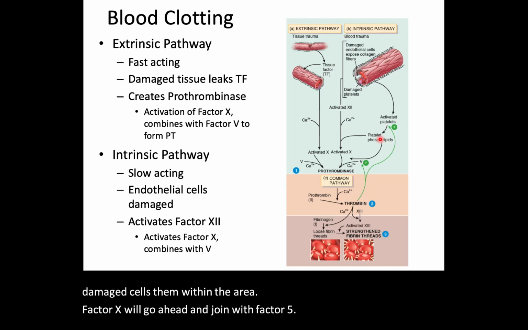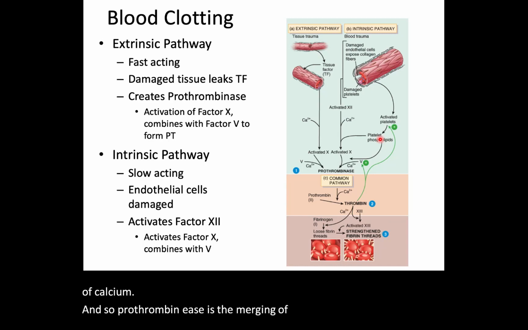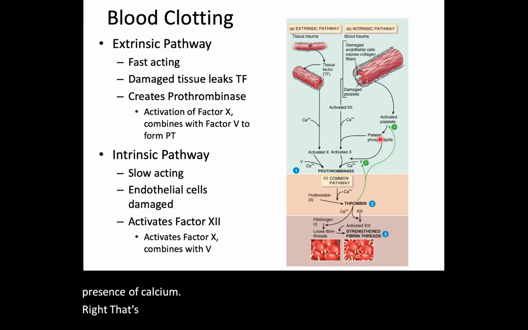And once again, what allows factor X and factor 5 to merge is the presence of calcium. And so prothrombinase is the merging of both factor X and factor 5 in the presence of calcium. Right? That's the extrinsic pathway.